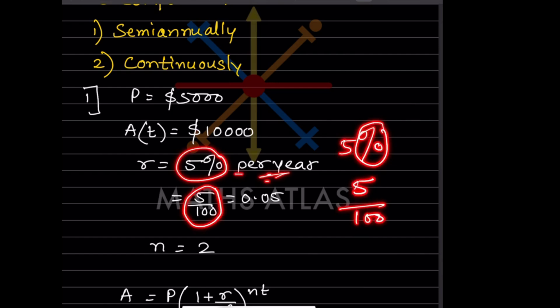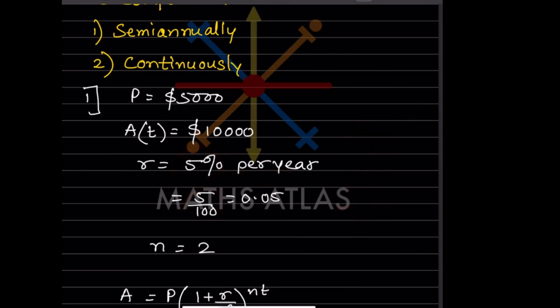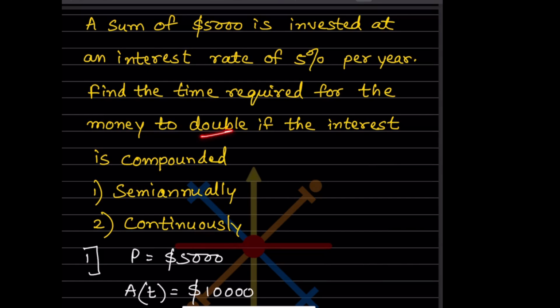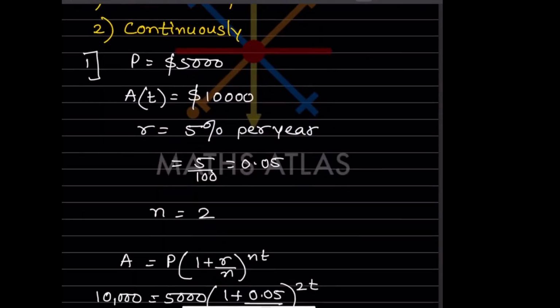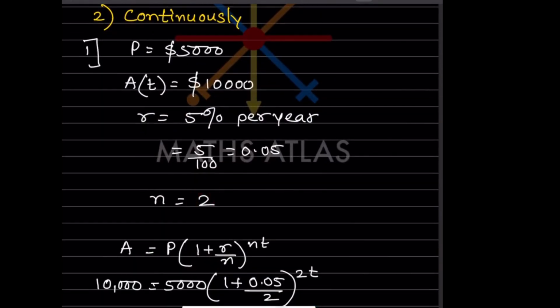So 5 divided by 100, and whenever there are 2 zeros, you write this 5, then go backwards by 2 places and put a decimal. So that will be 0.05. So R is 0.05. And here, it is given semi-annually. Semi-annually means 2 times, so n is going to be 2. So now we have the formula for this one.